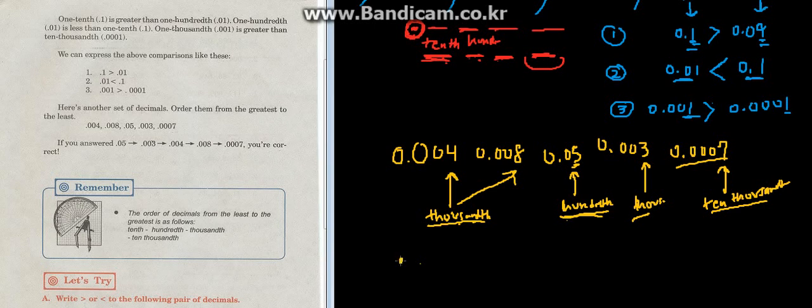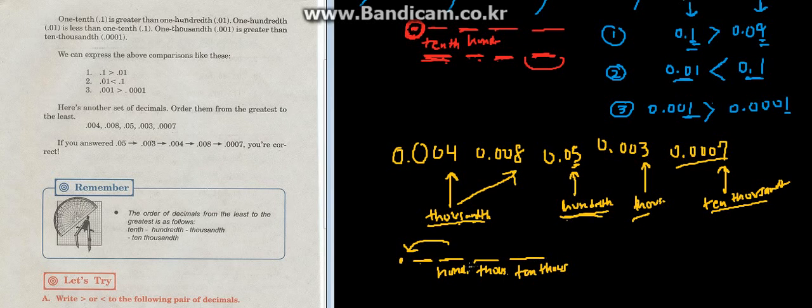I'll write it again. When we have a decimal point, we have the 10th as the first place to the right of the decimal point, and then comes the 100th, then the thousandth, and then the 10,000th. And I said that the place value that is closer to the decimal point is bigger, right?